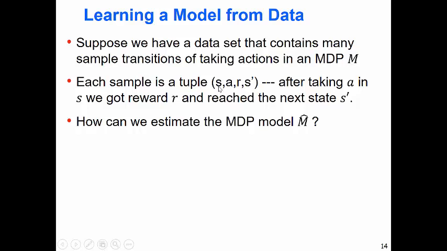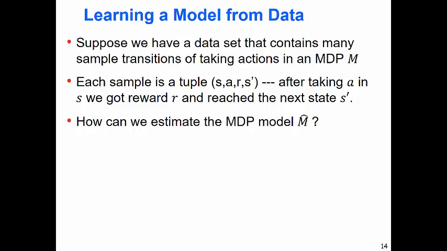You're going to have a state that you were in, the action that was taken, the reward that you got, and the next state that you ended up in. So if you've run around in an MDP for a while, the data set you get is tuples of this form. That's pretty straightforward.